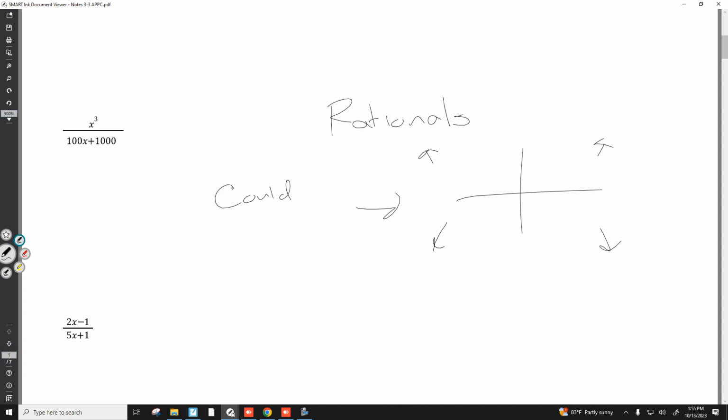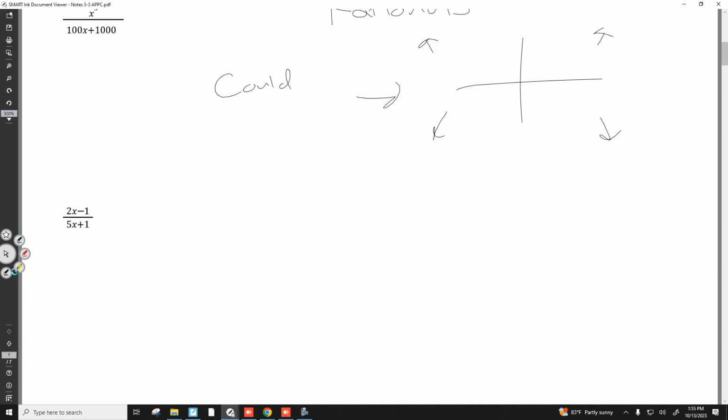But what's different about rationals and polynomials is that we could also have arrows that end up going towards a specific y value, and they end up not going up, but going to the left and to the right at a specific y value. Cool?